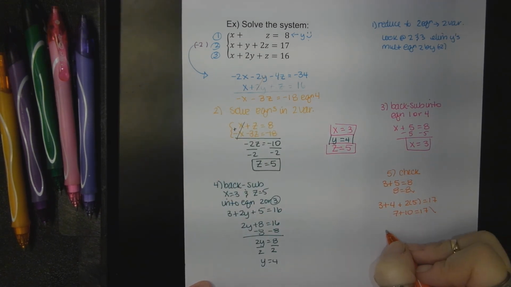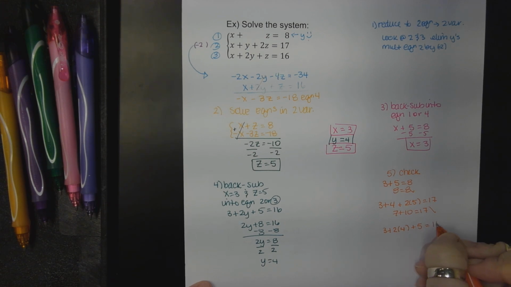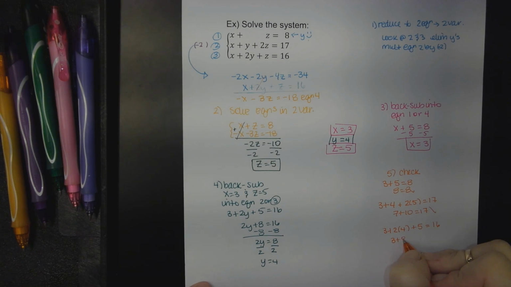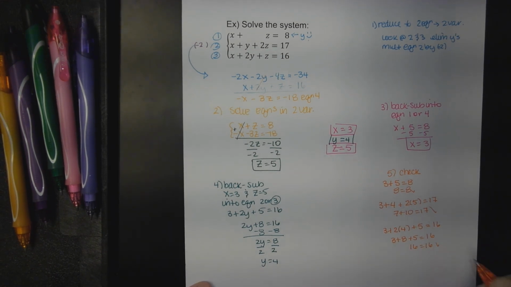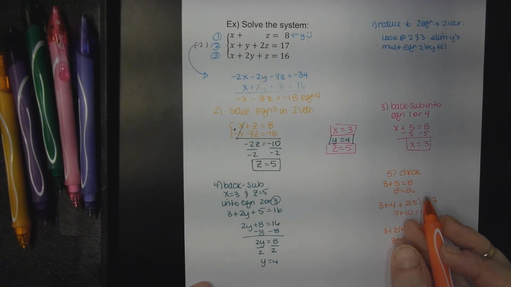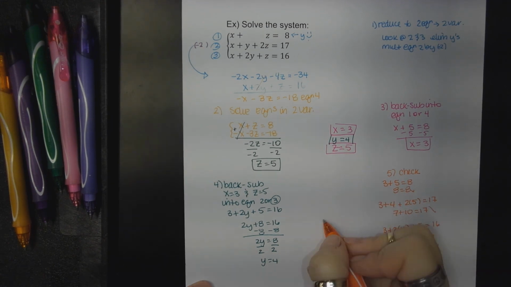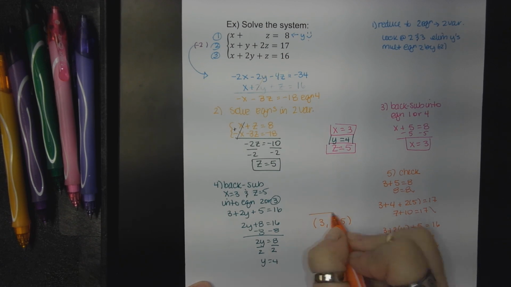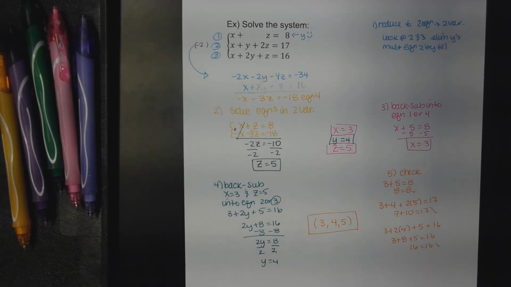Okay, we're going to have 3 plus 2 times 4 plus 5 equals 16. 3 plus 8 plus 5 equals 16. Well, 8 plus 8 is 16, right? So 16 equals 16, and that one's true. So our ordered triple is 3, 4, 5 for this one, and it's good.